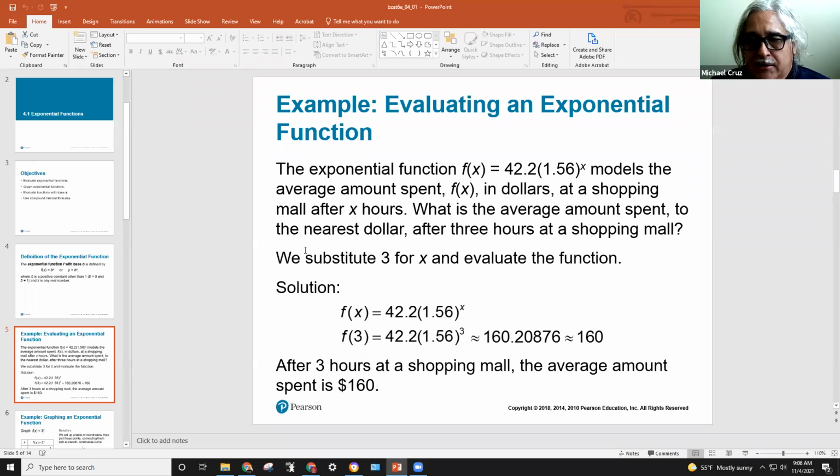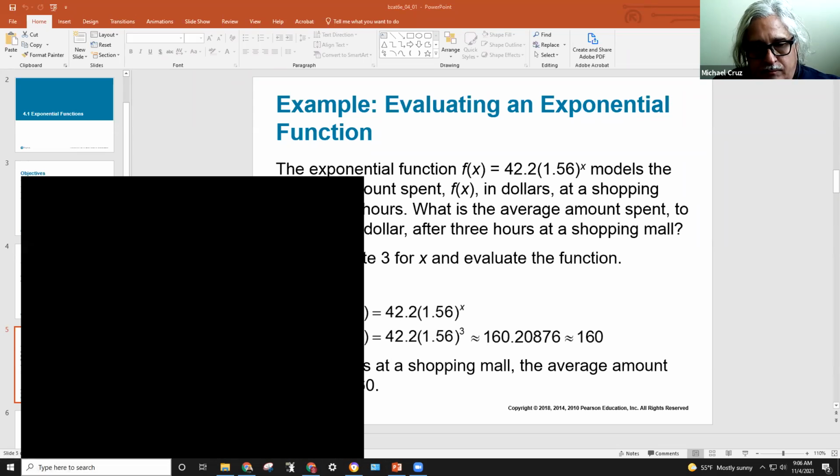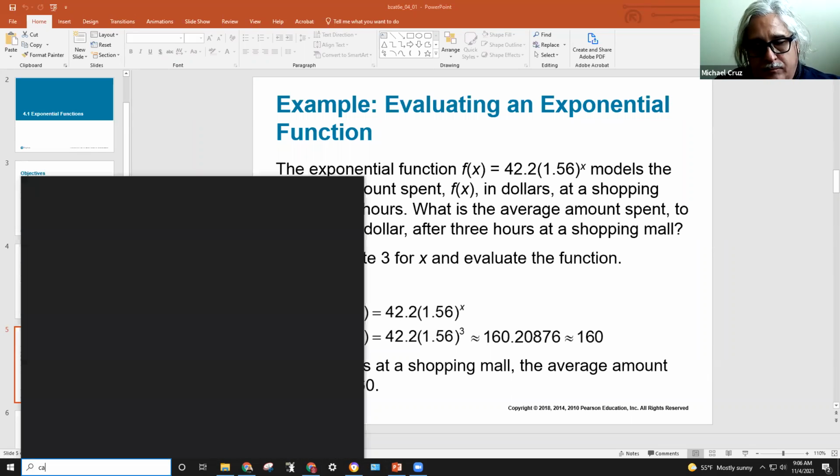x, they said, is the amount of hours. So we put in 3 for x. And then just to kind of show you what's going on, the problem is with the calculator. I guess most of y'all are using the one from 097.